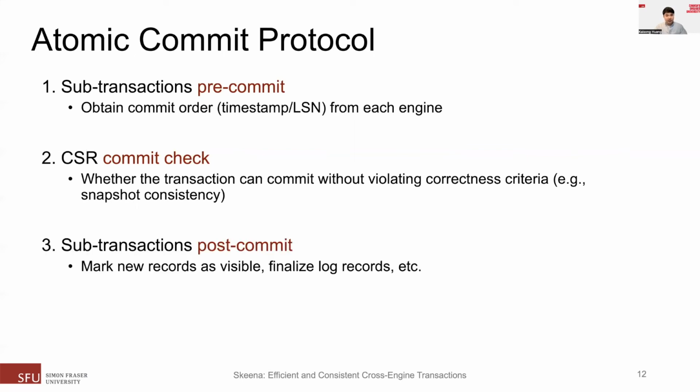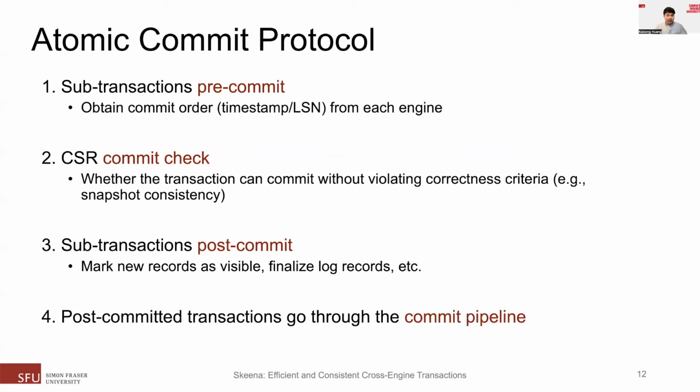Next, sub-transactions post-commit to mark new records as visible, finalize log records, and so on. In the end, post-committed transactions go through the commit pipeline to have log records persisted and notify the client. Please check out more details in the paper.